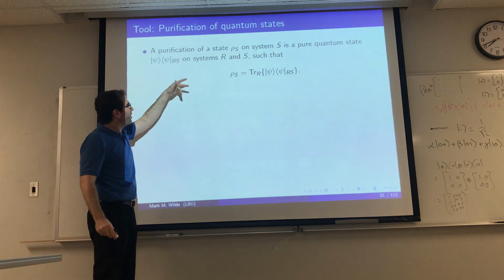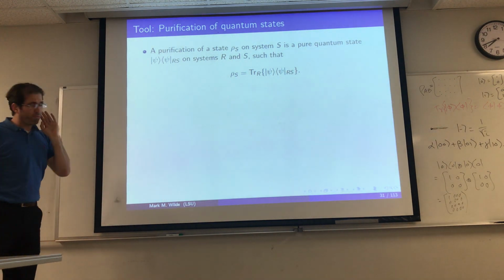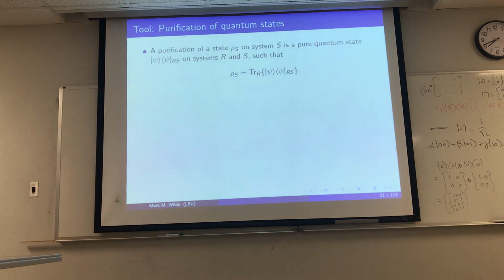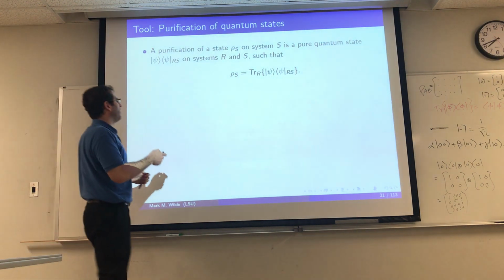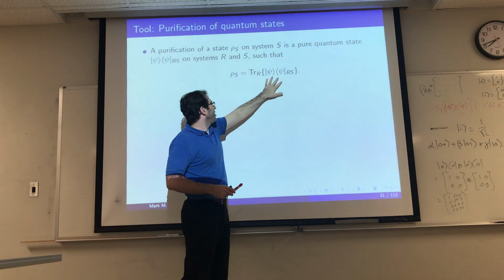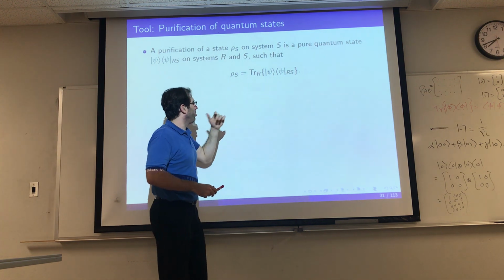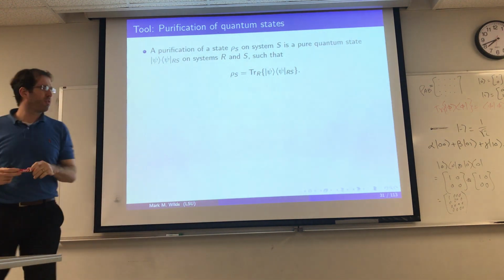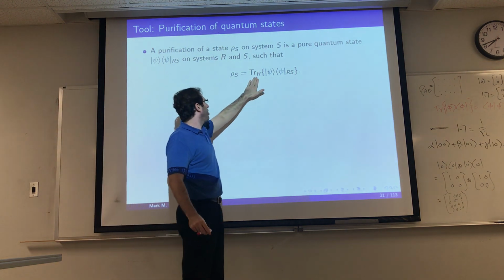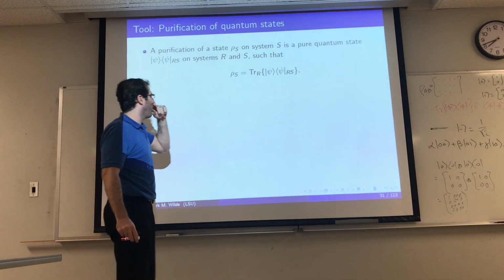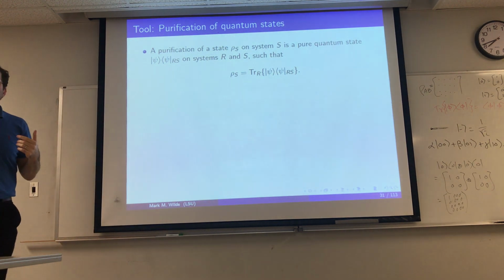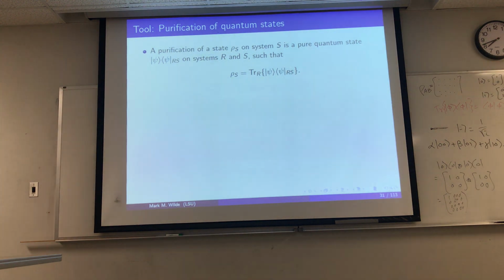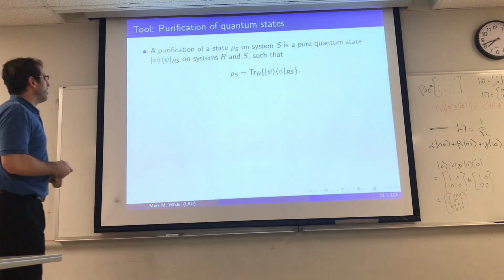So if S were a qubit, it would be a state of 2 qubits that would purify the state of a single qubit. Okay? And this is the definition. Psi is said to purify rho, or be a purification of rho, if, when you discard this reference system R by partial trace, you recover the original density matrix. Okay?